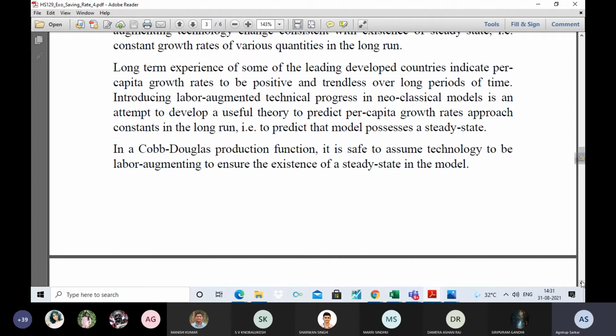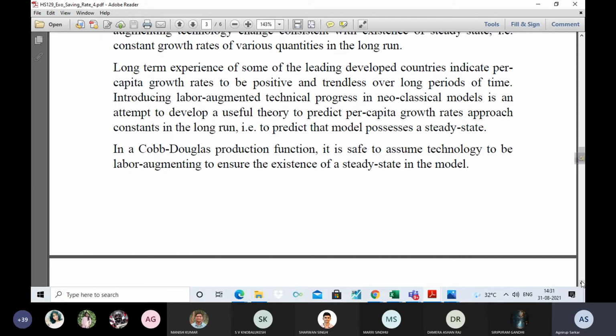And he found that under some conditions, the form of technological progress would be asymptotically labor augmenting, right? So more support for using labor augmenting technological progress.